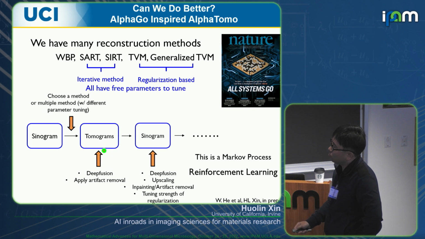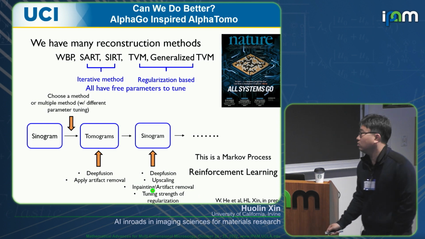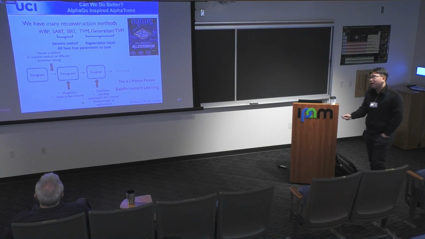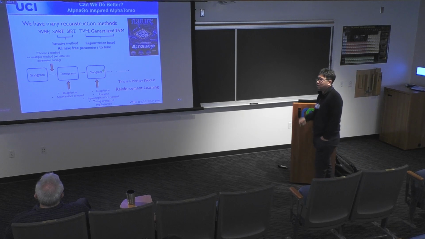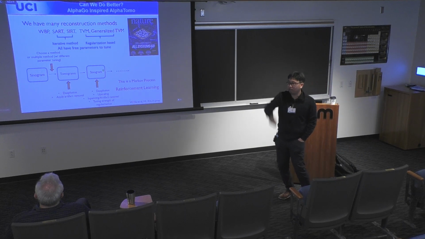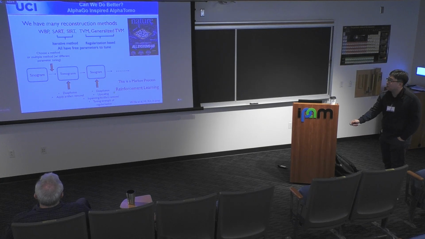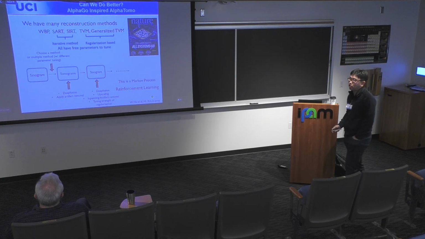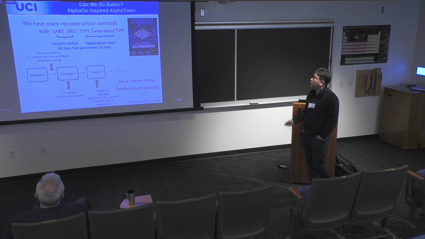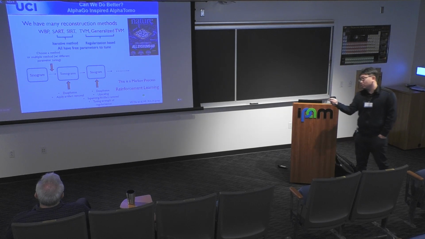Then you can pick to do deep fusion, apply artifact removal, and come back to the sinogram, deep fusion upscaling, in-painting, tuning strings of regularization. What you do in the next step depends only on what you get from the previous one. This is a Markovian process. It fits exactly the concept of reinforcement learning. So we are creating an AlphaTomo network to further improve our reconstruction.